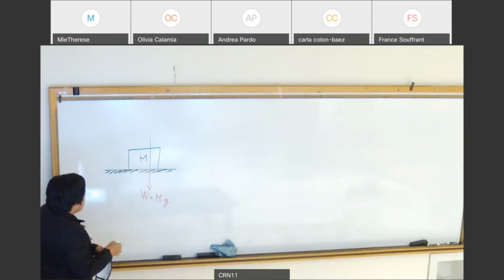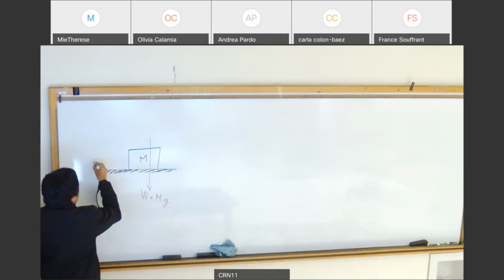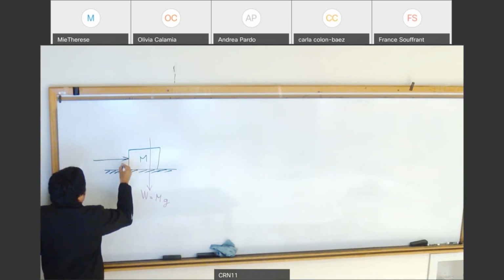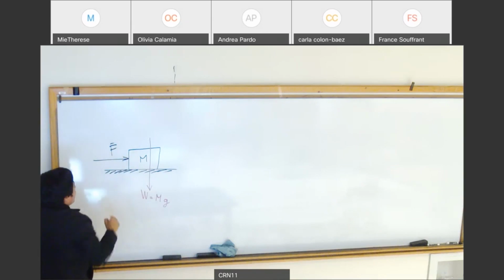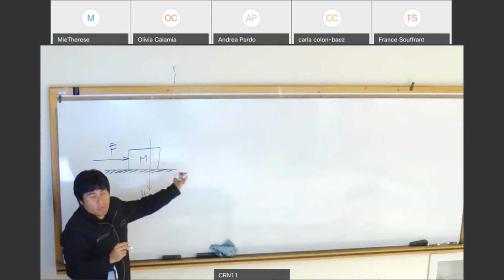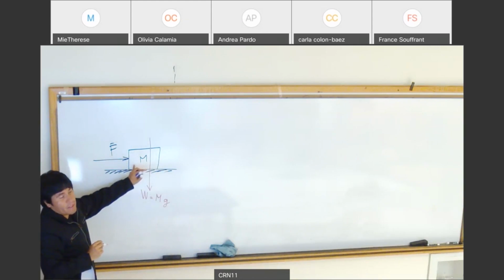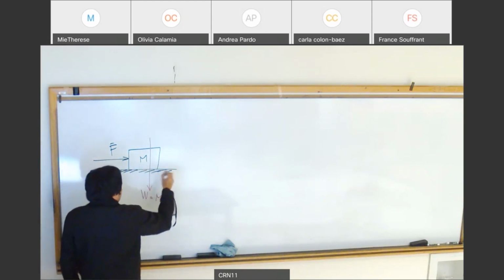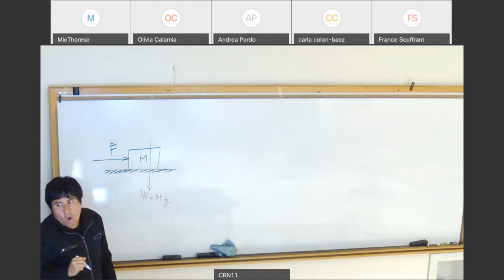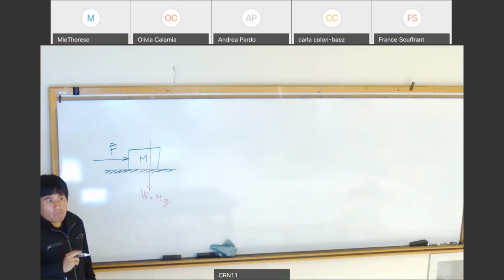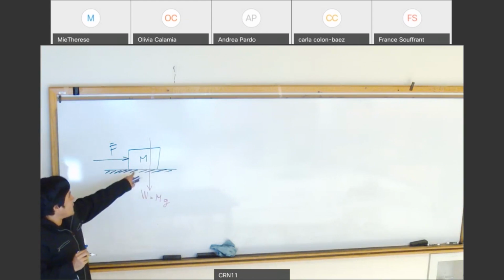All right? So when you apply a force, we know that the object will move. However, in some cases, depending on how massive the object is and depending on the surface, the object may not move because there is a friction here.